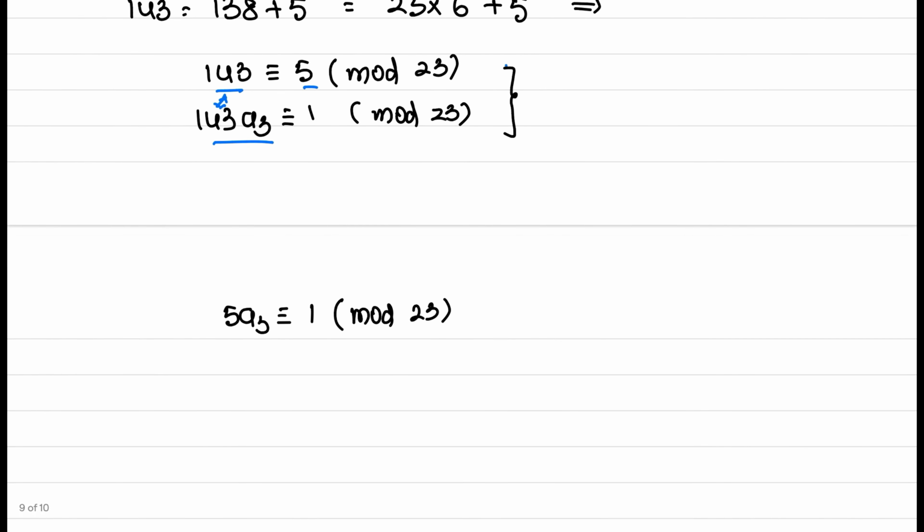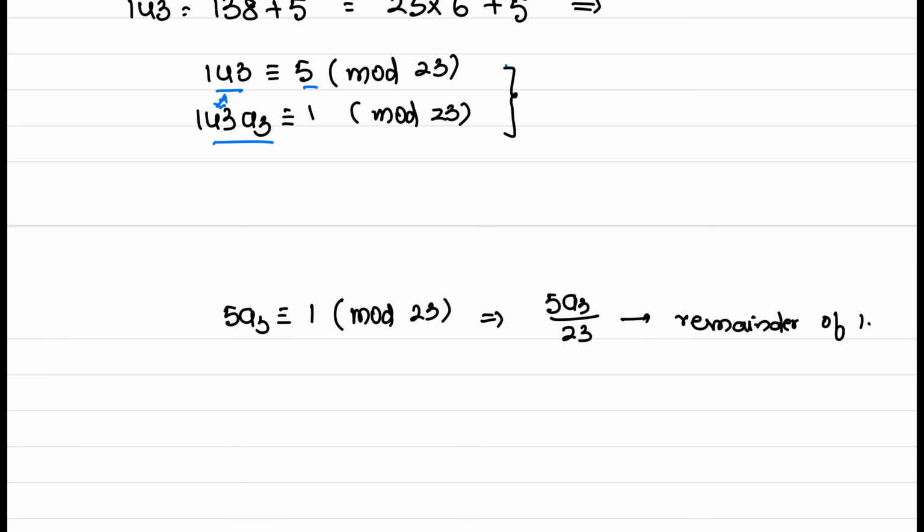Now, when 5 A3 is divided by 23, it gives a remainder of 1. For which value of A3 will it be possible? For example, 23 into 3 is 69, and 5 into 14 is 70.